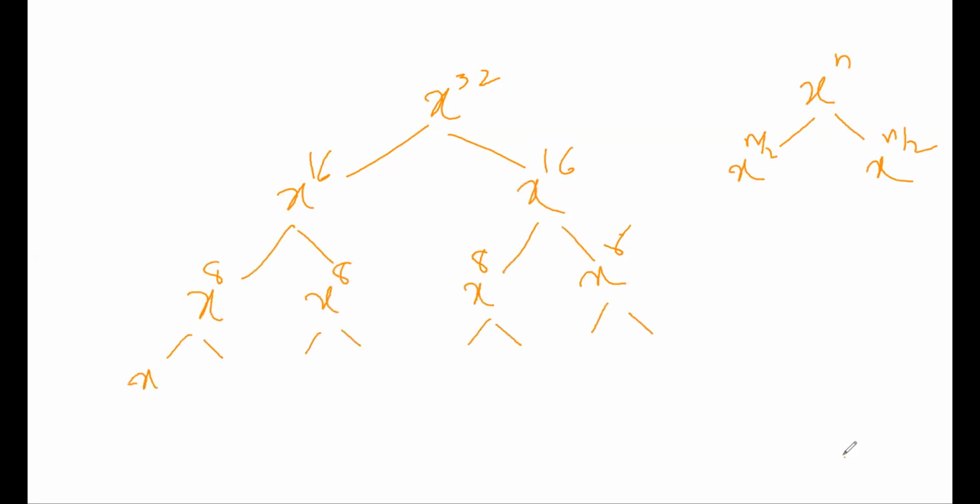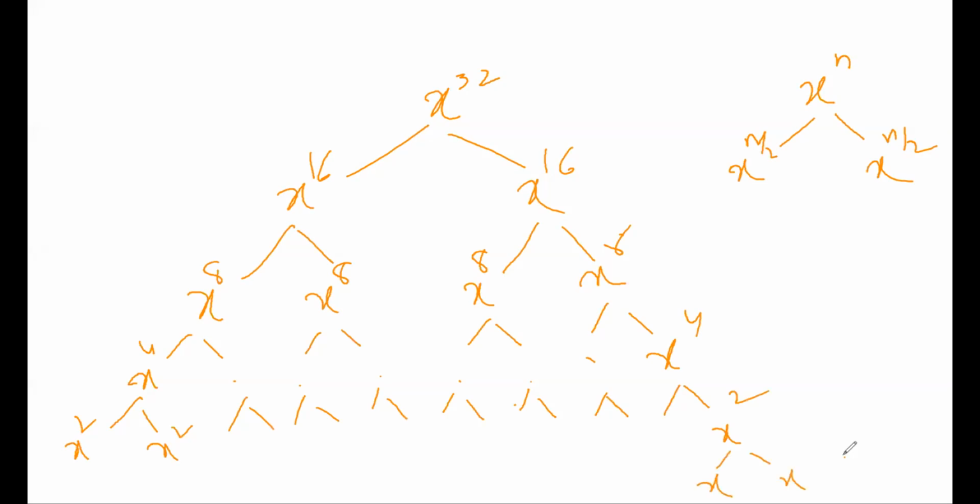Then this will be x4 all the way, then x2, x2, x squared all the way here, which is finally x into x.